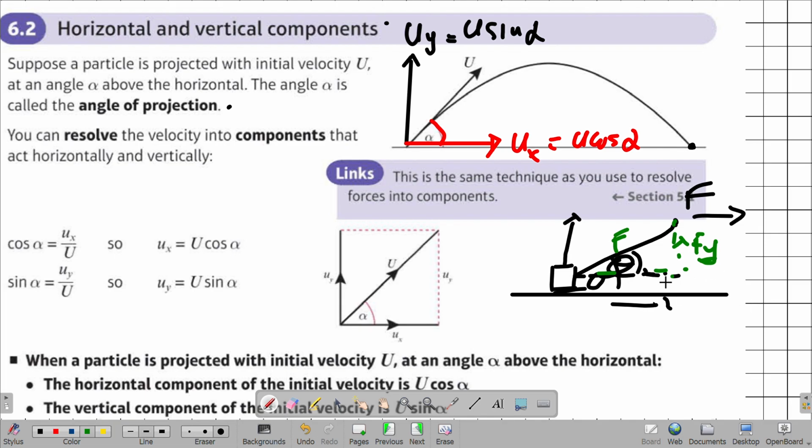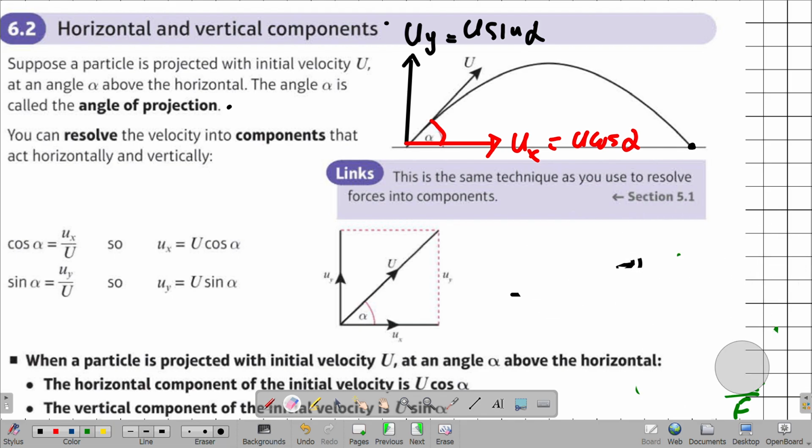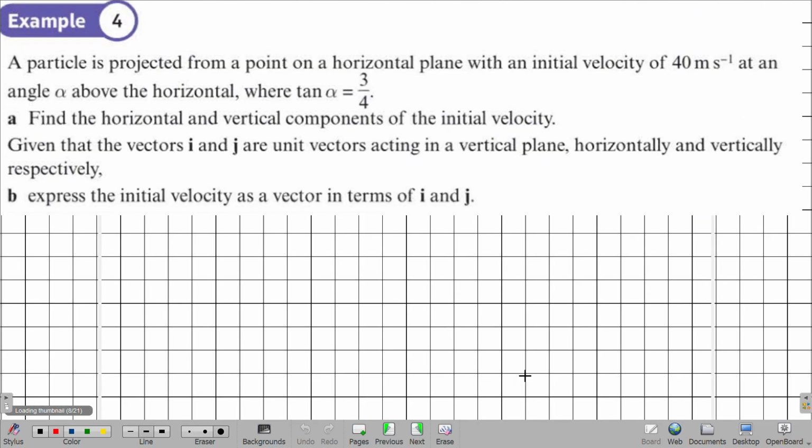So we can see that sine theta is just F y over F, and cos theta is equal to F x over F. Hence, we have these two formulas that say the horizontal component is u cos alpha and the vertical component is u sine alpha. So that's basically the formulas we use. Let us look at some examples to make this easier.